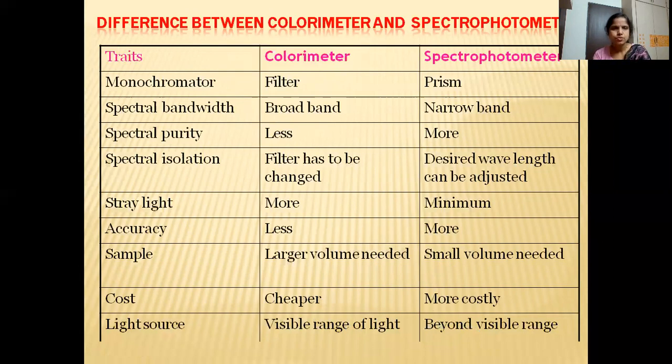So this is about the colorimeter and spectrophotometer and how they work, and we have seen how to determine the concentration of an unknown sample. Remember, colorimetry is only for colored solutions, whereas the spectrophotometer is for both colored and colorless solutions.